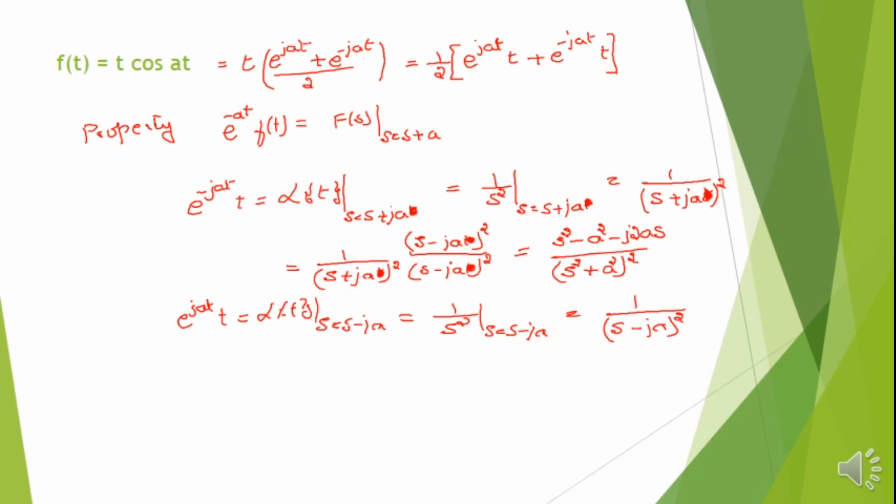Now if I multiply numerator and denominator by s plus ja whole square, it is s square minus a square plus 2jas divided by s square plus a square whole square.